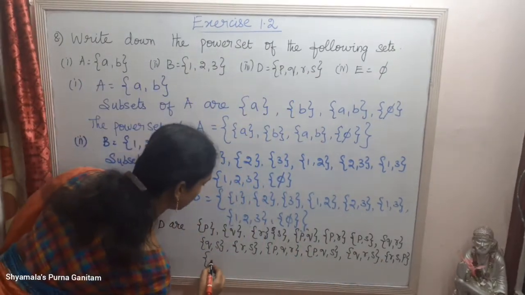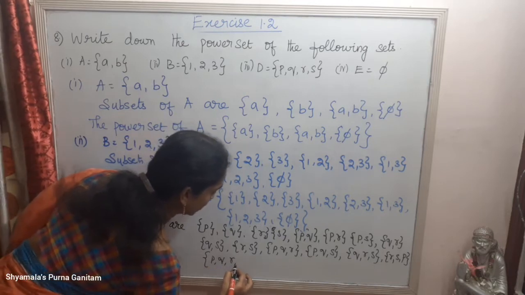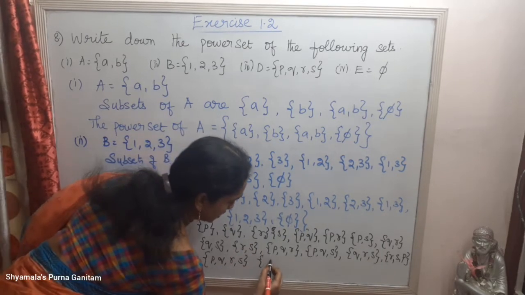Then all four elements, PQRS. Then next one is the null set.